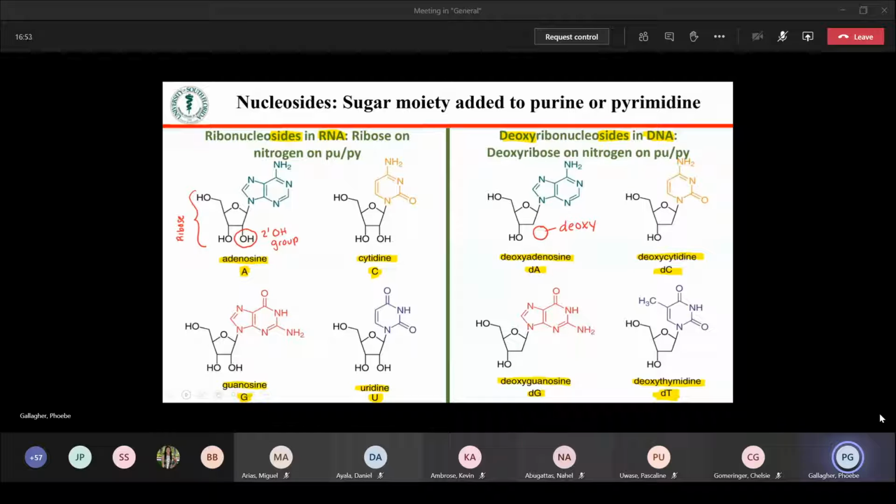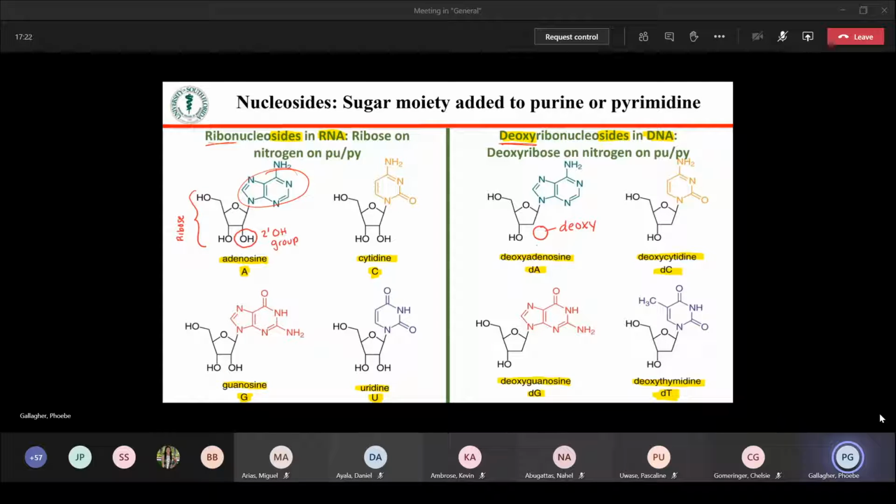For this next slide, she's showing you these nucleosides. You know they're nucleosides because they don't have the phosphate group. They have their ribose sugar added, and then they have the base added here. The difference between ribonucleosides and deoxyribonucleosides is the presence of this hydroxyl group on your second carbon. You won't see that in the deoxy.